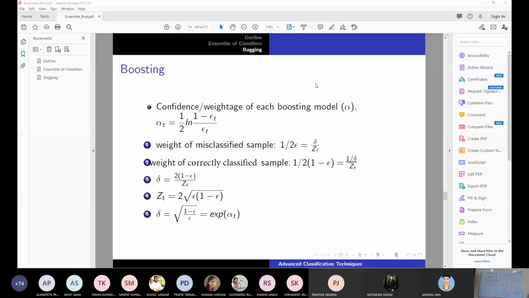Can you see the board? Yes, sir, visible, clear. Everything is clear? Only understanding is the problem, right?